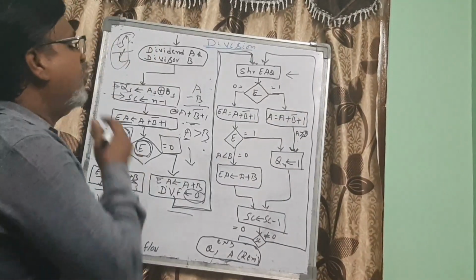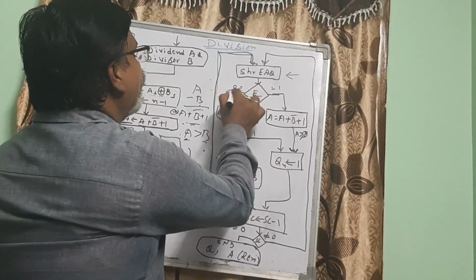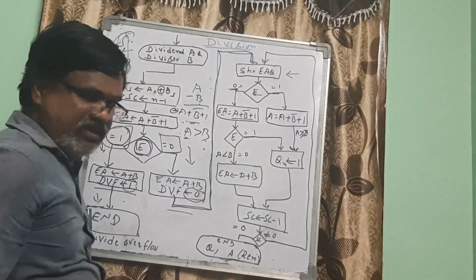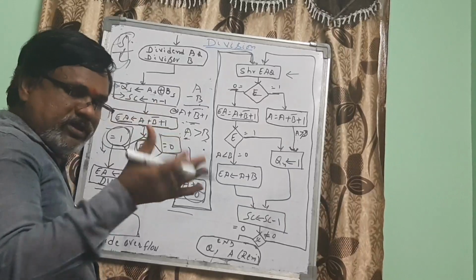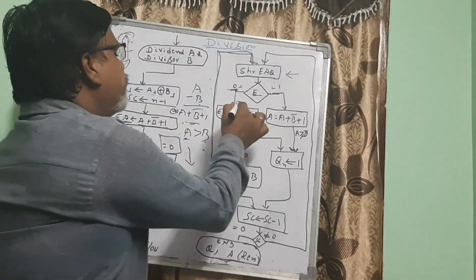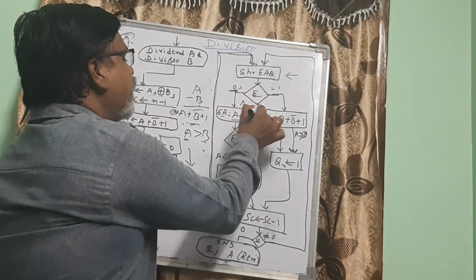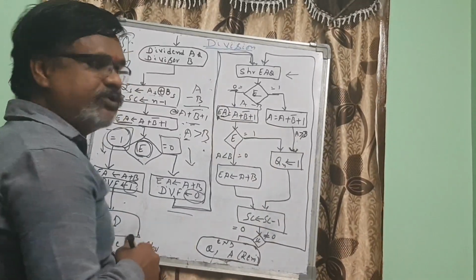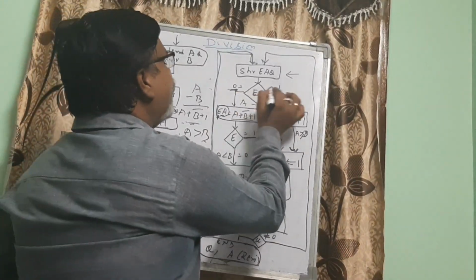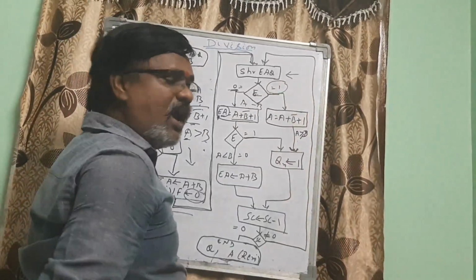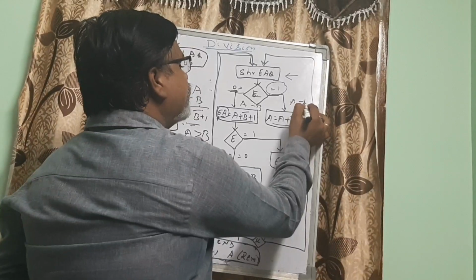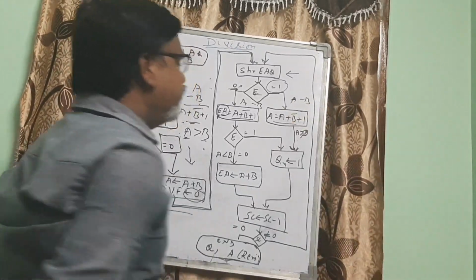If E is 0, EA = A minus B. E being 0 means there is no sign value, it is positive. Then we perform A minus B, and that end carry will be stored here. If E is already 1, we can perform A = A minus B.